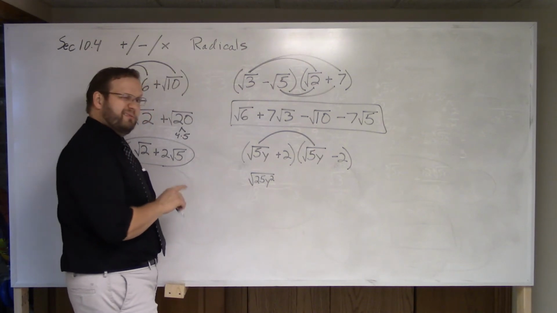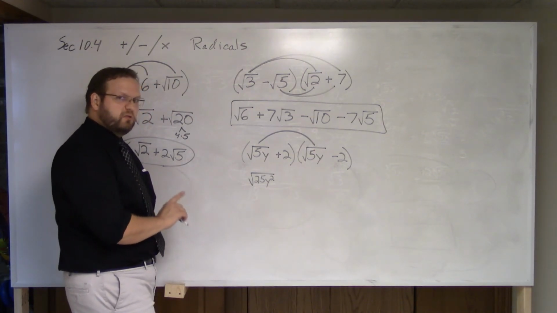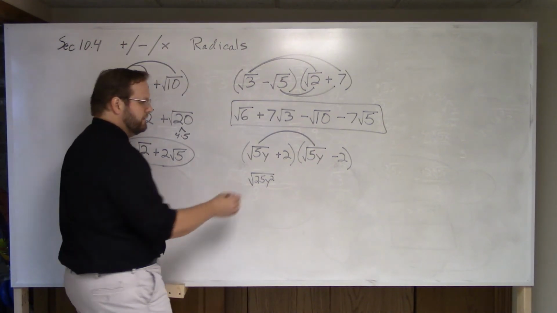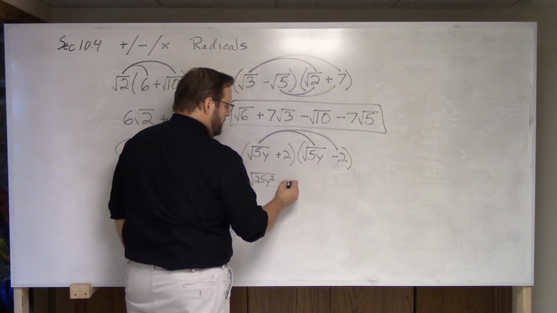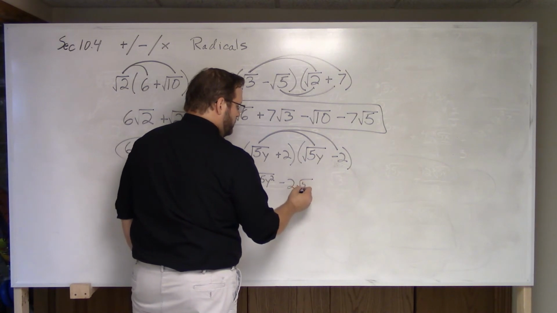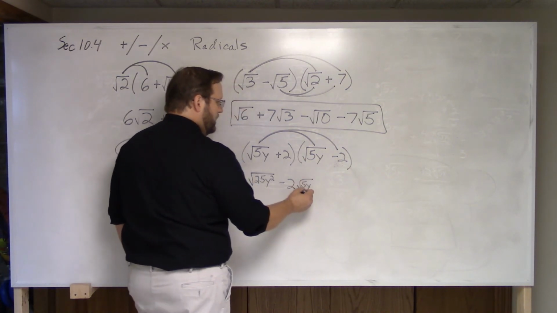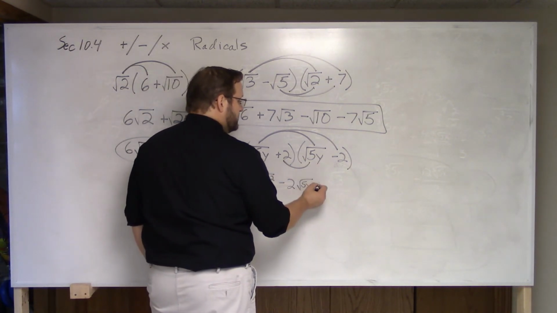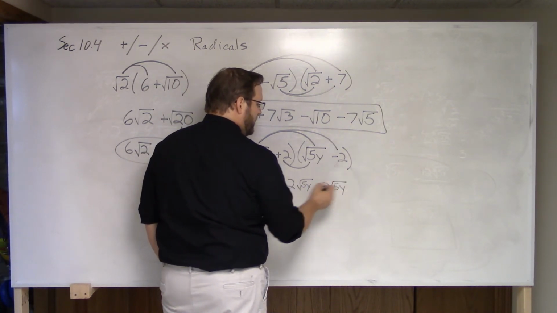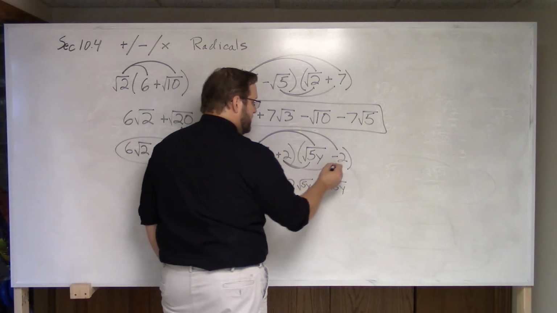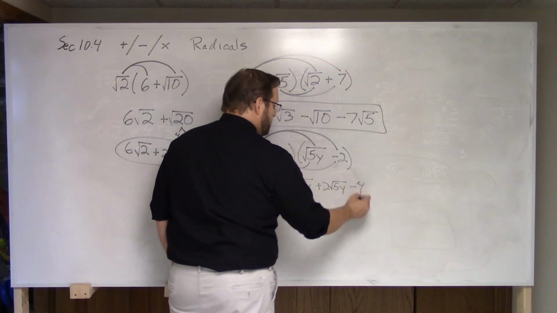Okay, some of you may be looking at that kind of funny. We're going to talk about that in a little more detail in a second. Positive times negative is a negative 2 square root of 5y. Positive times positive is positive 2 square root of 5y. And positive times negative is a negative 4.